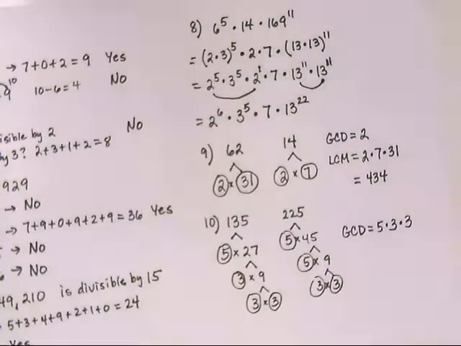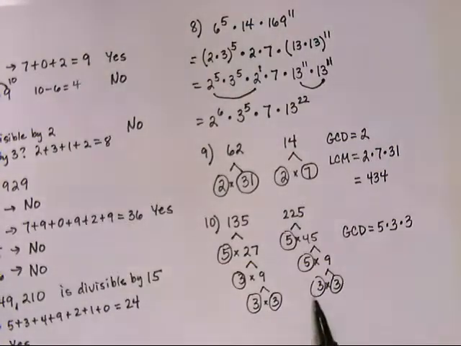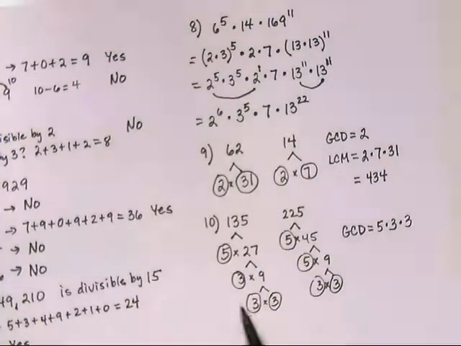So here we're using each common factor the least number of times that it occurs in both. 5 is only used once. 3 is used twice in 135, and in 225 it is used twice as well, so we use the 3 twice.